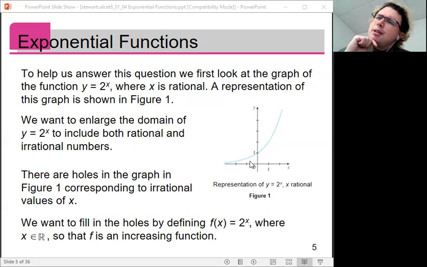But this plot is starting to make a fairly suggestive shape. It looks like I should get some kind of a curve. If only I could just fill in those holes, right? How do I fill in the hole of a discontinuous function? I use a limit.